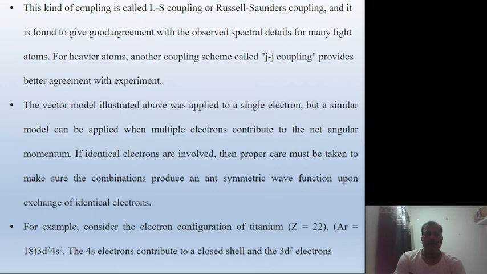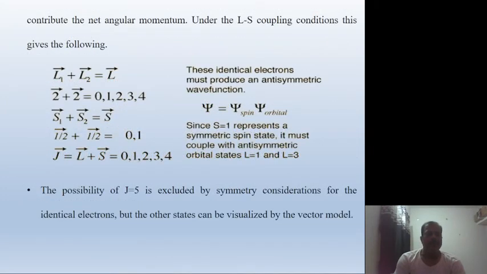Argon atomic number is 18 and the remaining 4 electrons are 3d2 and 4s2. The total atomic number is 22. The 4s electrons contribute to a closed shell and the 3d2 electrons contribute to the net angular momentum.